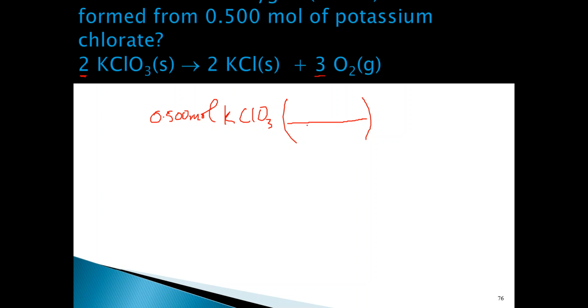So I would represent that in this conversion factor where I would have 2 moles of potassium chlorate and 3 moles of oxygen. And then the final conversion here would be where I convert the moles of oxygen to grams of oxygen. That's where the molar mass would come in, represented by 1 mole of oxygen down here and 32.00 grams of oxygen above. And of course, from here, you'll do your number crunching.